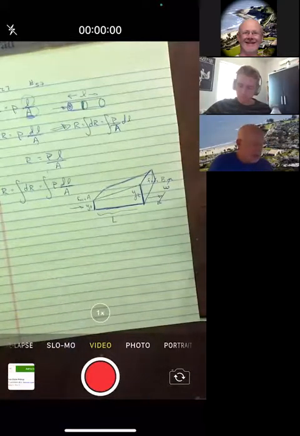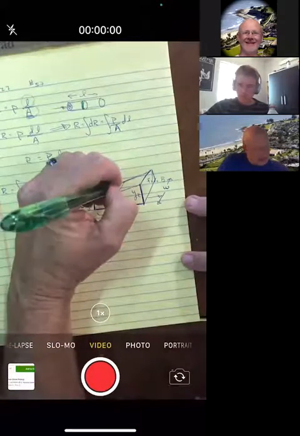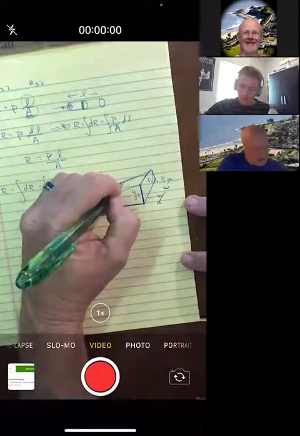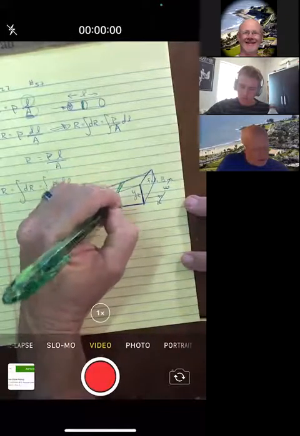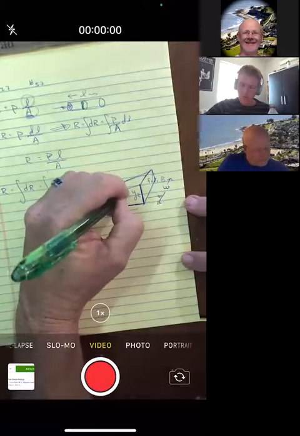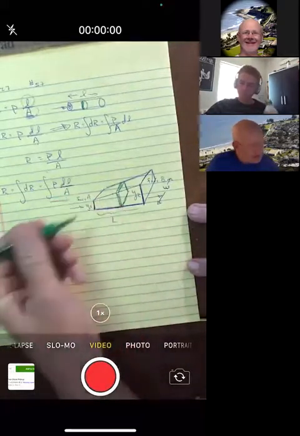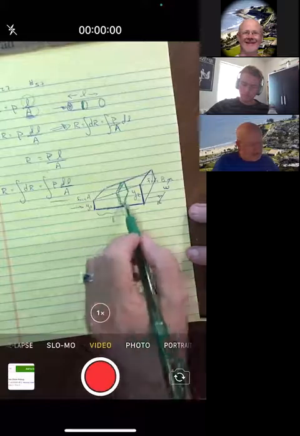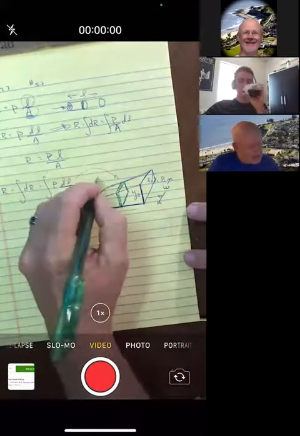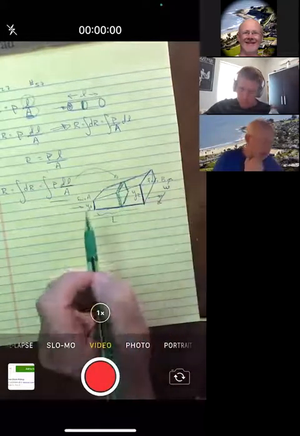And what I'm trying to say here is let's use our calculus and take a little piece of this and kind of color it in. And this little piece, the current would be flowing from left to right. And so this dL is actually the thickness of this little slice.